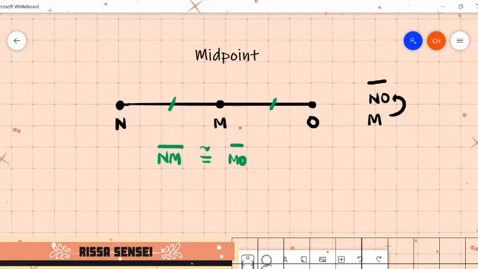So, again, if a point is a midpoint of the segment, then it divides the segment into two equal portions. So, let's say the whole segment measures 20 centimeters. What can we say with the measure of NM?